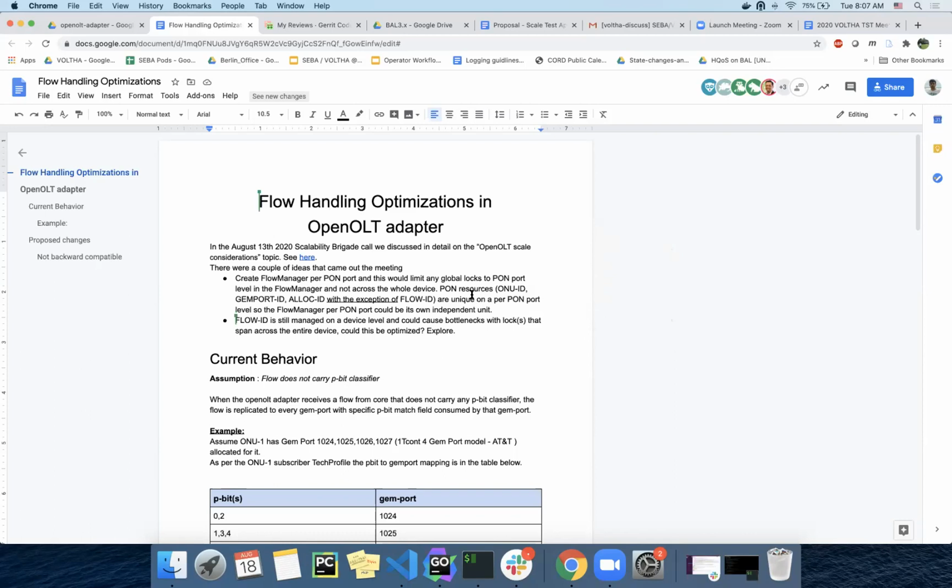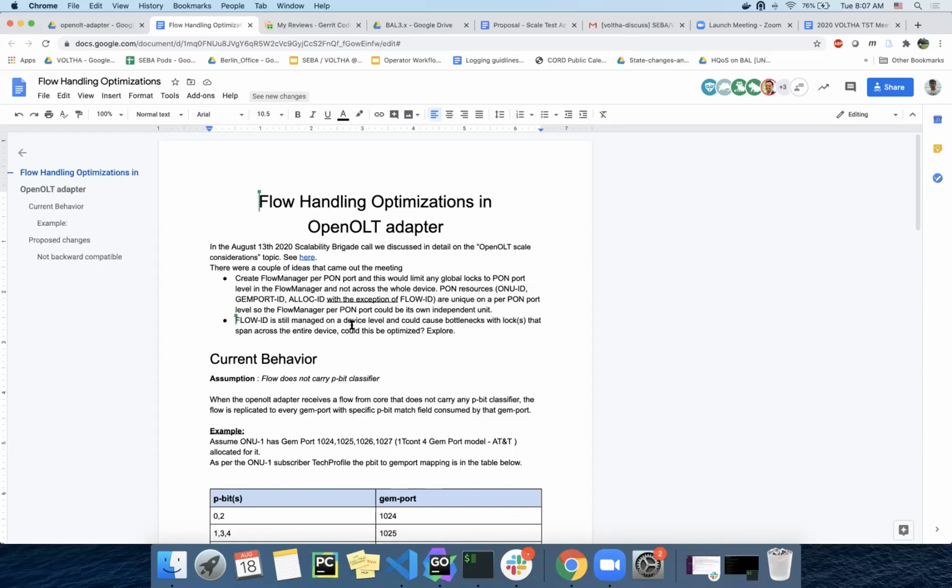Most of the PON resources like the ONU ID, gem port ID, alloc ID, with the exception of flow ID, are PON resources that are just unique across the PON port. These locks are actually around resource management, so we could gain a lot by having a flow manager per PON port, and these locks per PON port could give us some performance improvement.